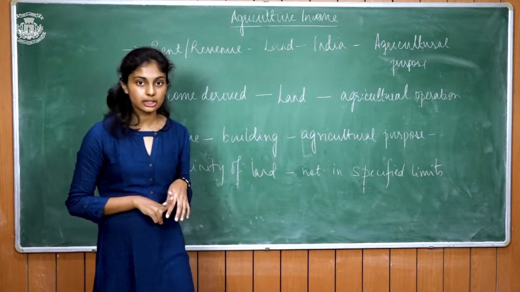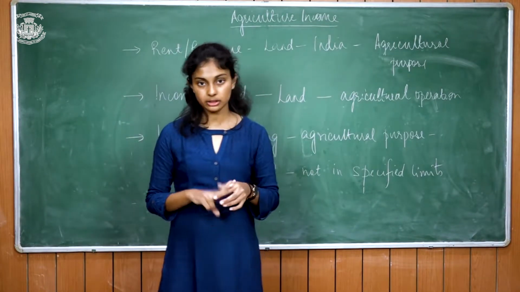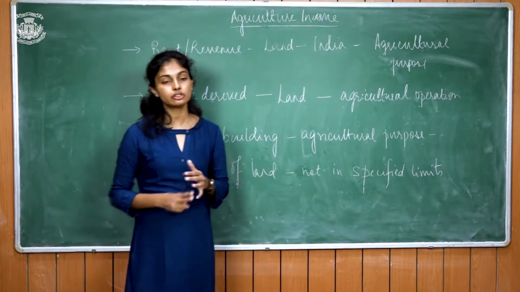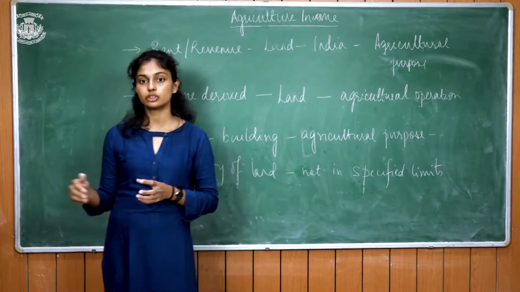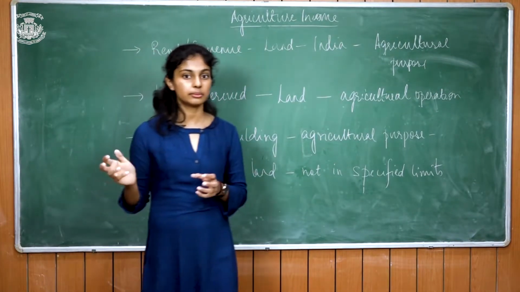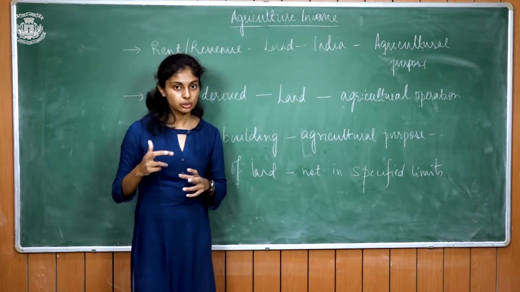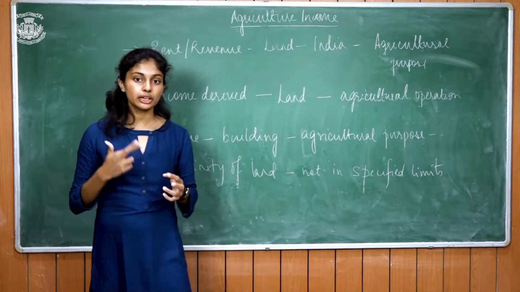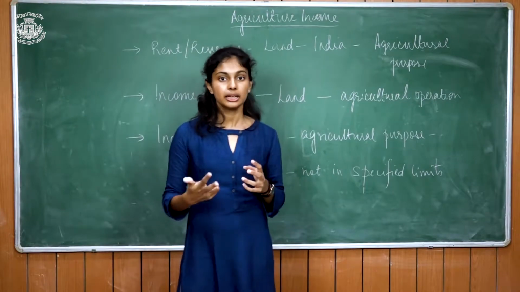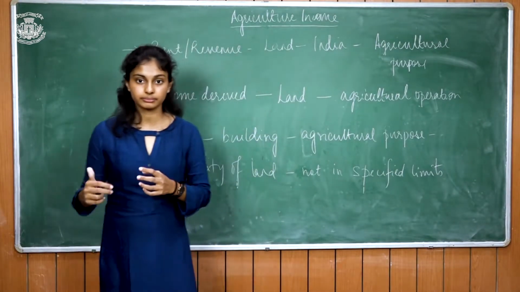Firstly, the agricultural income should exceed 5,000. Secondly, the non-agricultural income should exceed the basic exemption limit, as per your tax slabs. Once these two criteria are met, the computation of the taxable income is done through different steps.